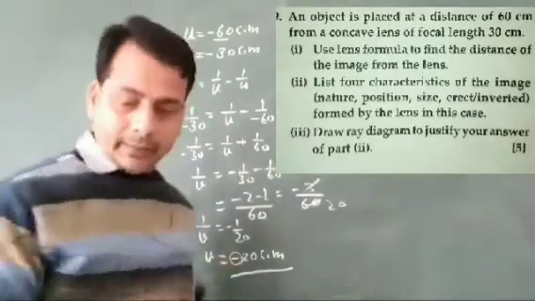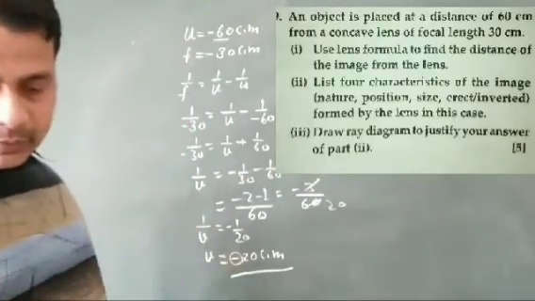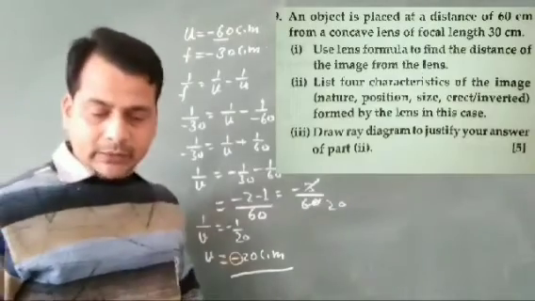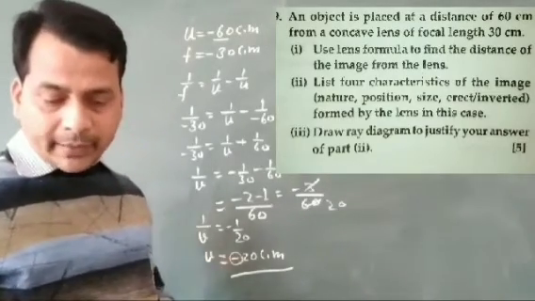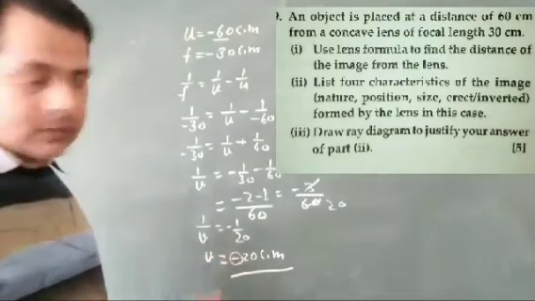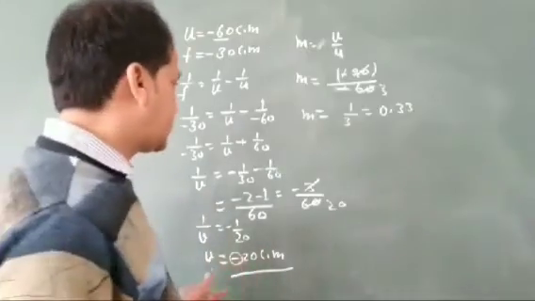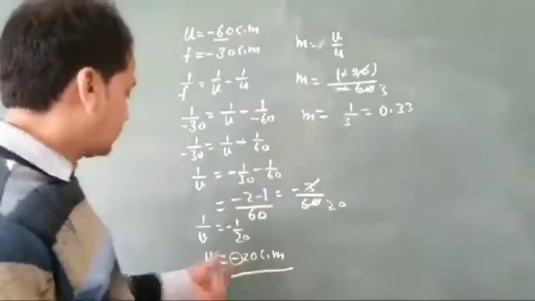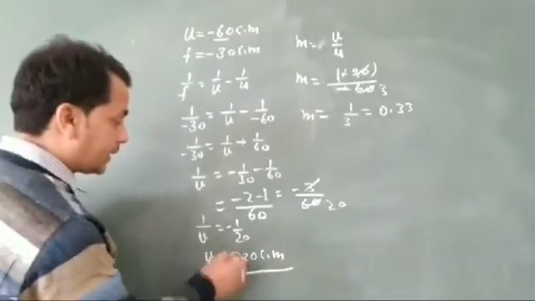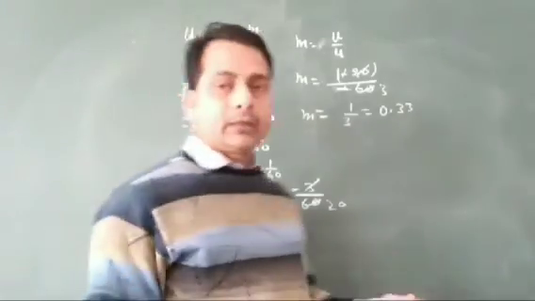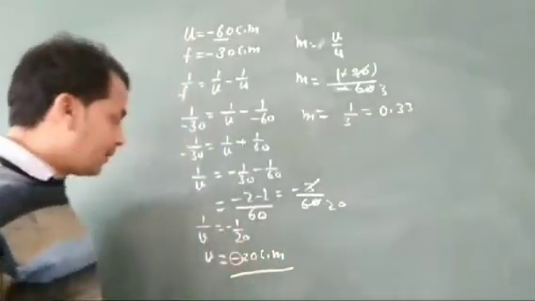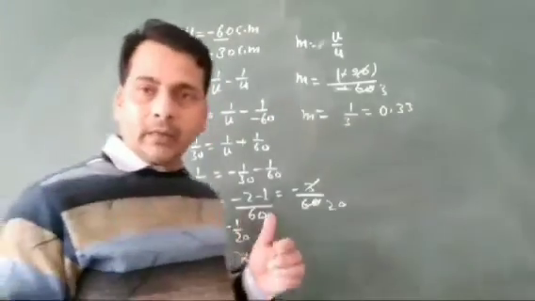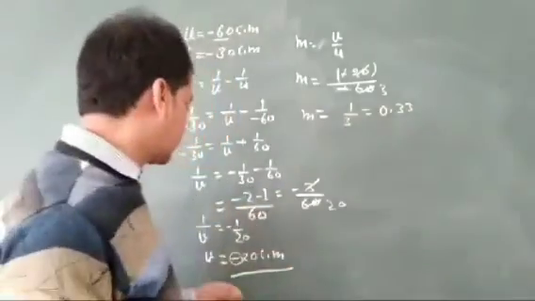According to the question, what are the nature, position and size of the image formed by the lens in this case? The negative sign indicates the position of the image is on the same side as the object.